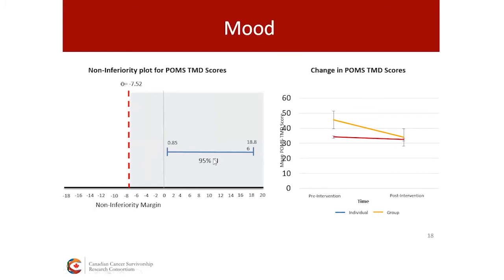Again, we can see here the lower end of the 95% confidence interval is much greater than the non-inferiority margin, again suggesting that group acupuncture was non-inferior to the individual acupuncture. And again, there was a bigger drop in the change scores in the group acupuncture compared to the individual acupuncture.